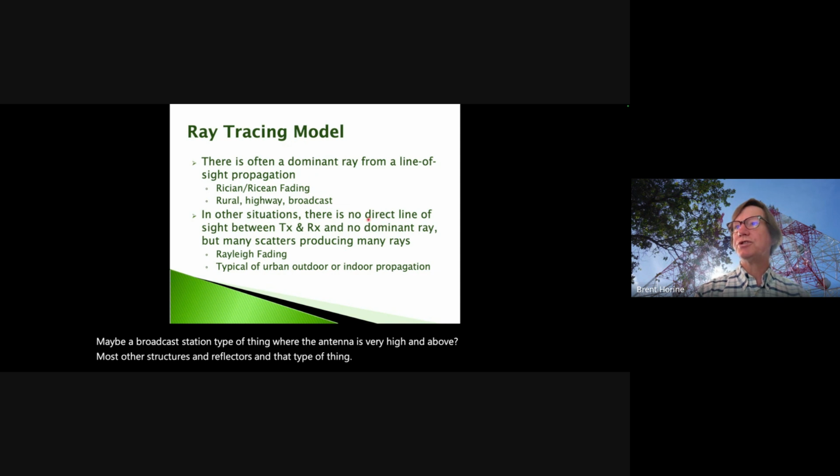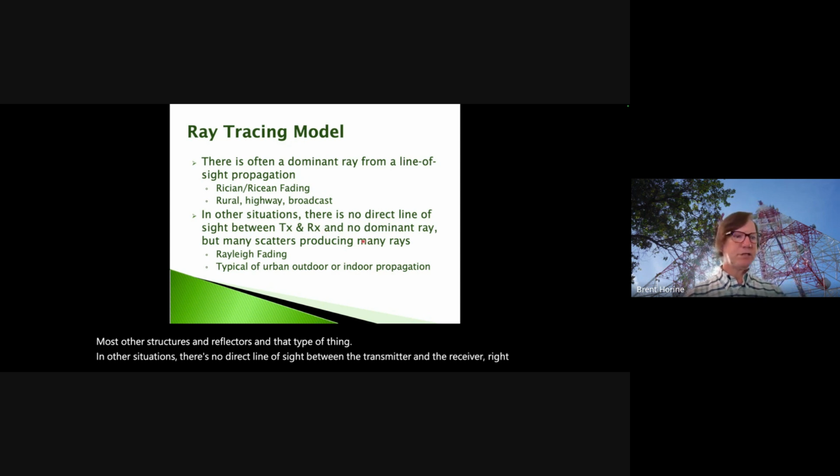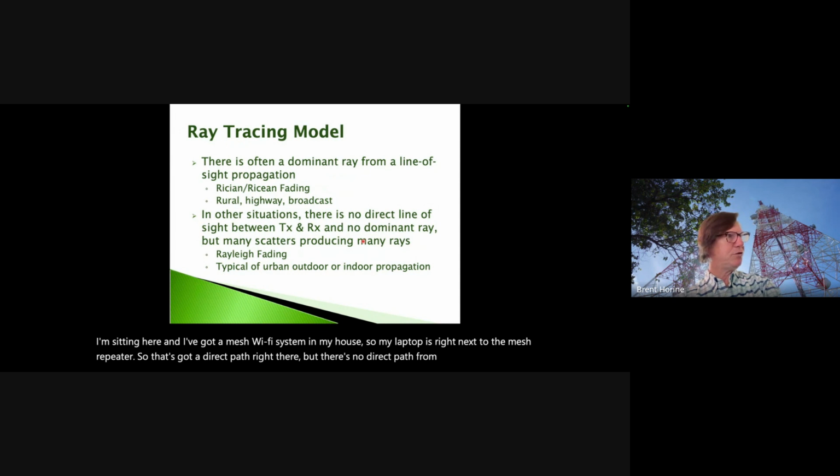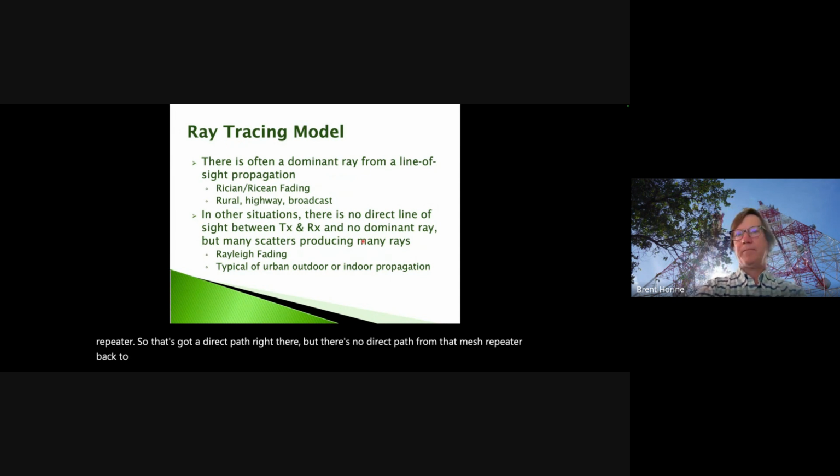In other situations, there's no direct line of sight between the transmitter and the receiver. So I'm sitting here and I've got a mesh Wi-Fi system in my house. My laptop is right next to the mesh repeater, so that's got a direct path right there. But there's no direct path from that mesh repeater back to the main base station that's hooked up to my modem.